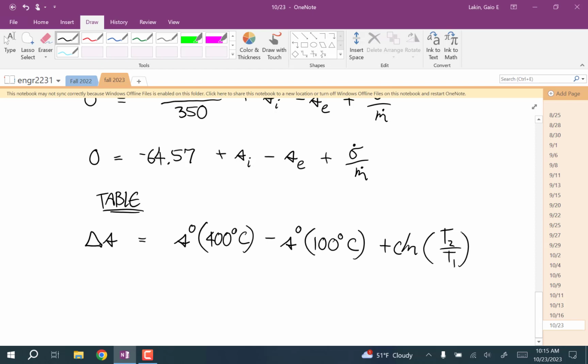On one of the homework problems, I had a different, like 500 degrees, and I still used ideal, and it's still a very close answer, to be honest. Yeah, I don't have that equation written down. Okay, well, let's go to the table.